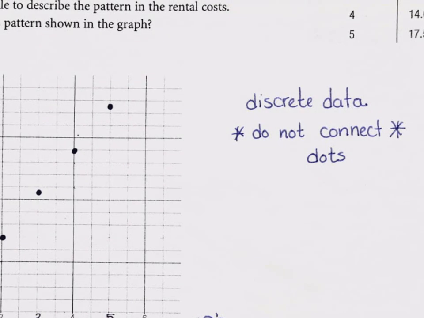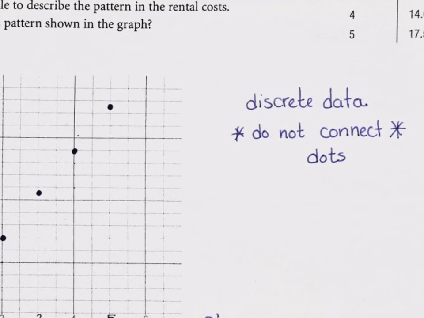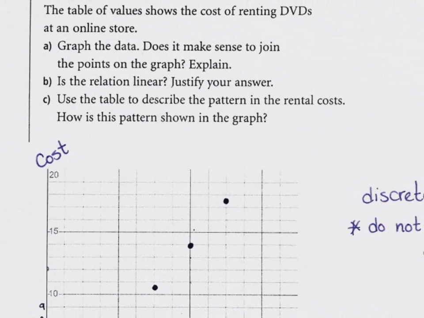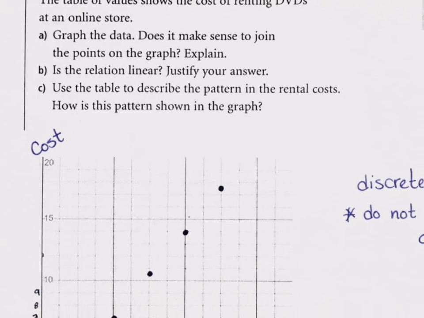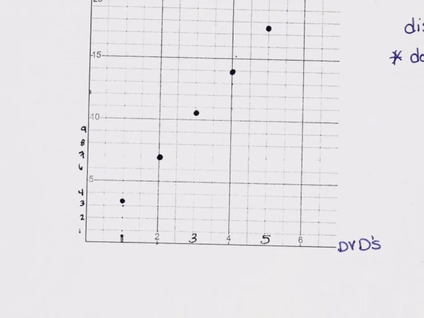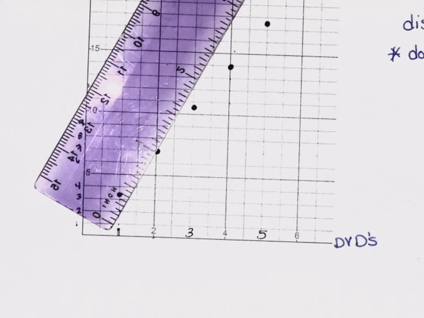All right. What is B? B says, is the relation linear? Is it a straight line? Looking at these data points. Whoa, so excited about graphing. Is this a straight line? Do the data points, if I put a ruler on it, would they be a straight line?